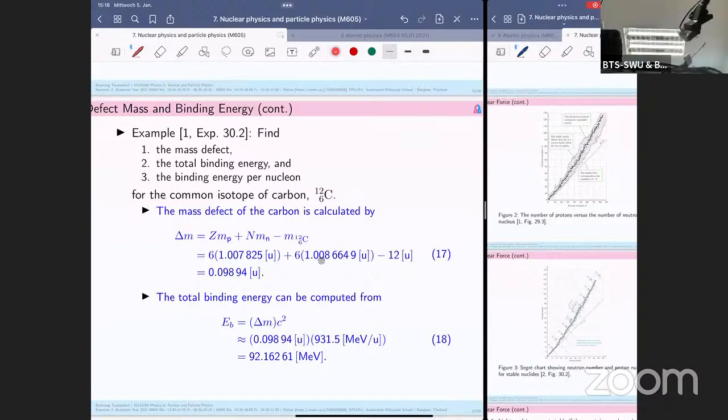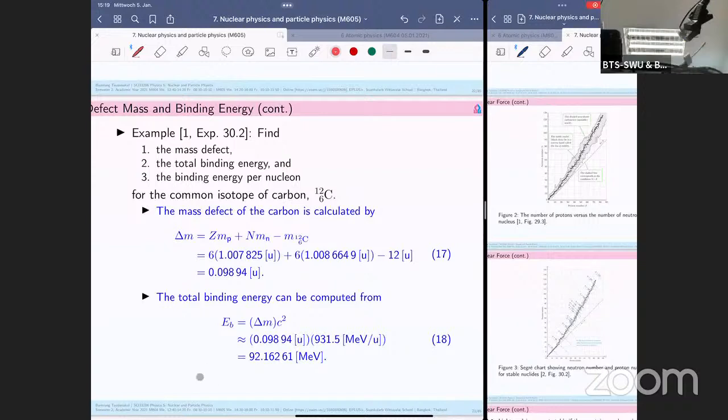And the next one is the mass of carbon-12. Carbon-12 is exactly the same, the nucleon number is the atomic mass, right? Yes, 12 atomic mass unit. And after the subtraction, you get 0.099894, and you can convert it to the binding energy.